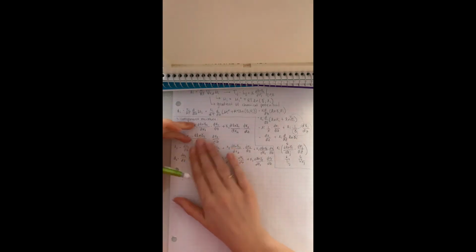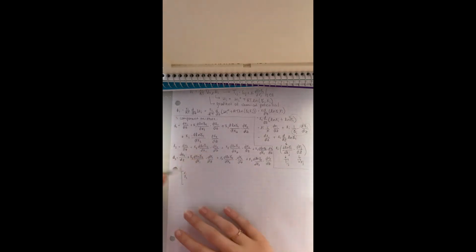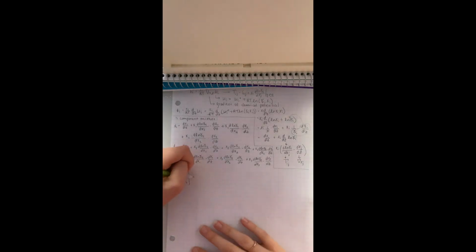So here we have our driving forces for our 3-component mixture. As you can see, when we calculate our driving forces, we get a vector of values. And in order to get this vector of values, we can multiply by 2 other vectors.